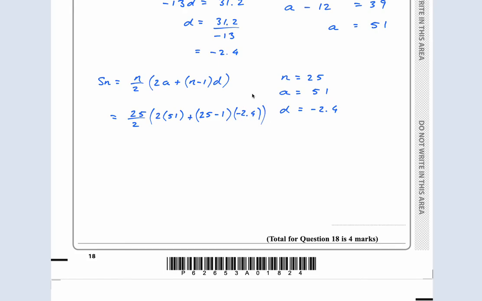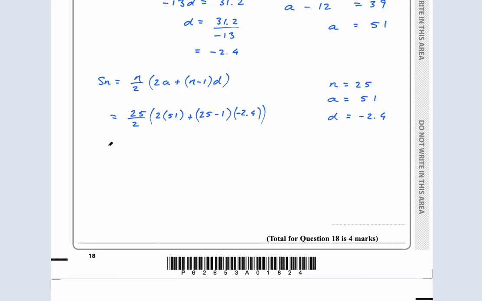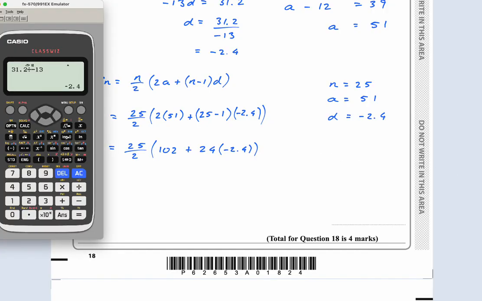Now be careful guys, there's lots of brackets there and they're all important. I can simplify this a bit if I want. 25 over 2 brackets, 2 times 51 is 102, plus 24 times minus 2.4. At this point, I'll just use my calculator.